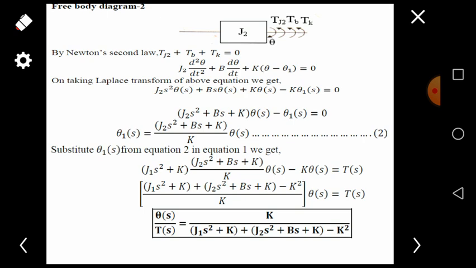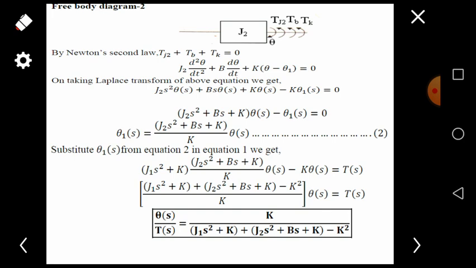Taking the Laplace transform of this equation, we get J2 s squared theta of s plus b s into theta of s plus k into theta of s minus k into theta 1 of s equals 0. That is, J2 s squared plus bs plus k into theta of s minus k theta 1 of s equals 0.